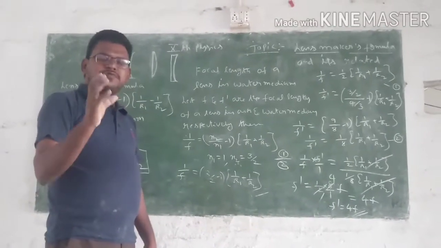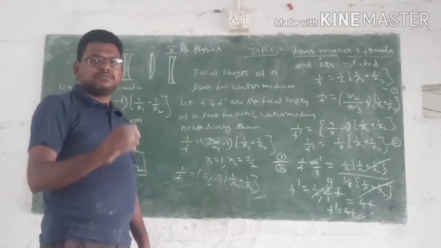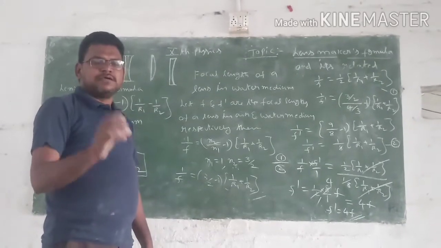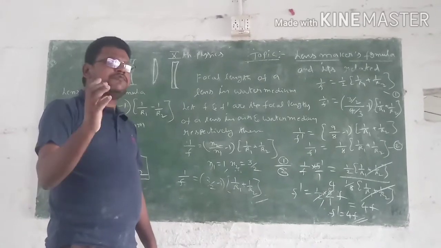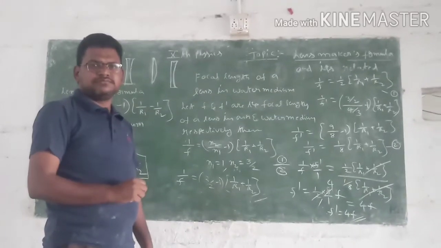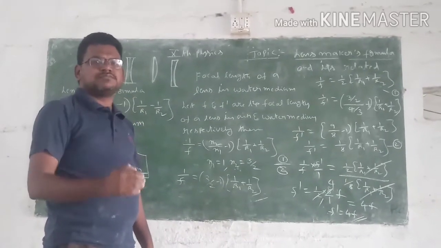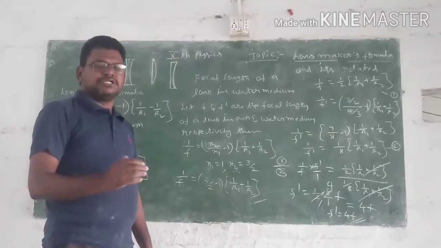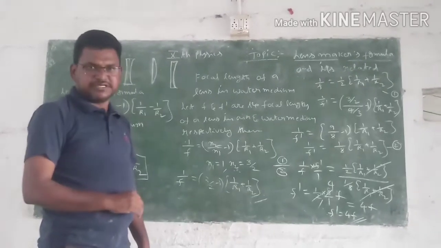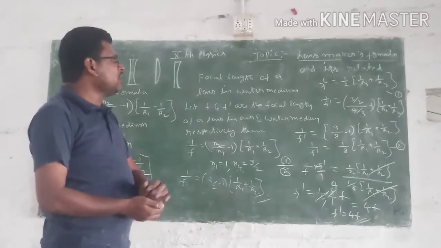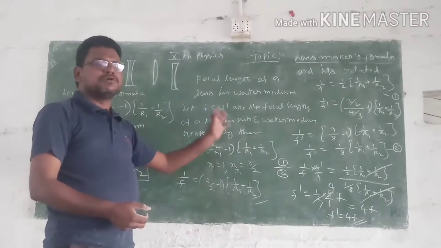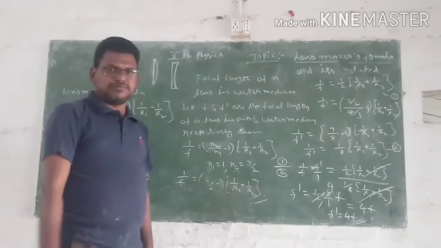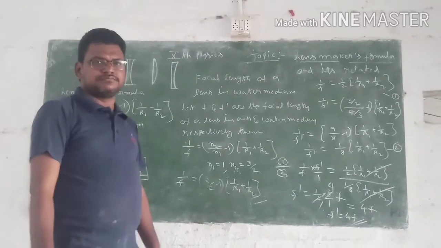Suppose the focal length of a converging lens in air medium is 20 centimeters. If we take the same lens in water medium, its focal length becomes 4 into 20, that is equal to 80 centimeters. So this is how the focal length of a converging lens changes when we take it into a water medium. Okay?